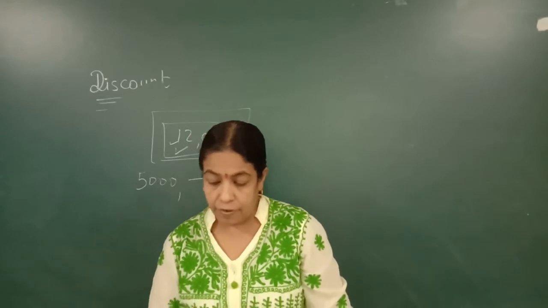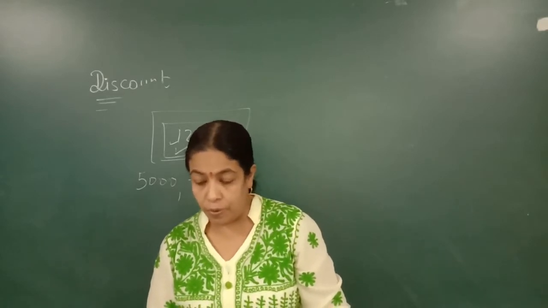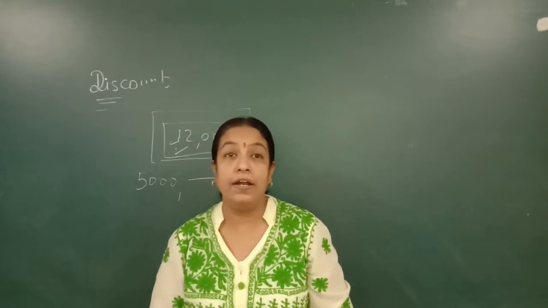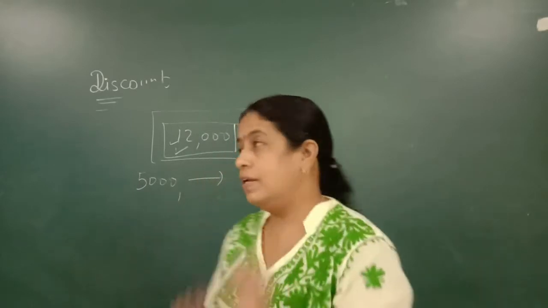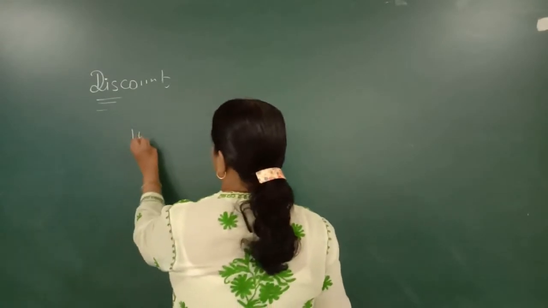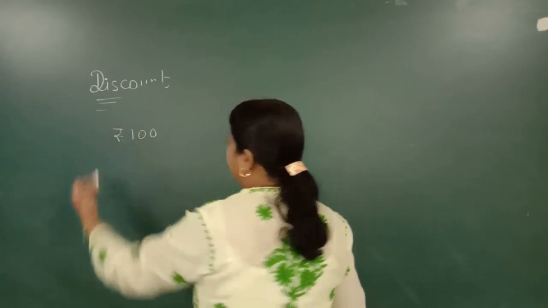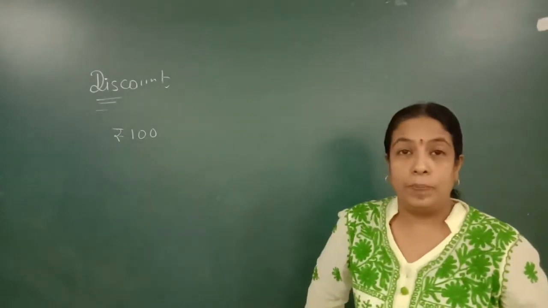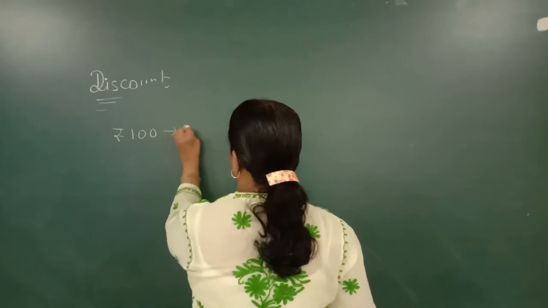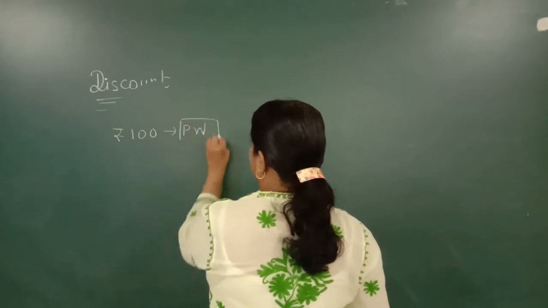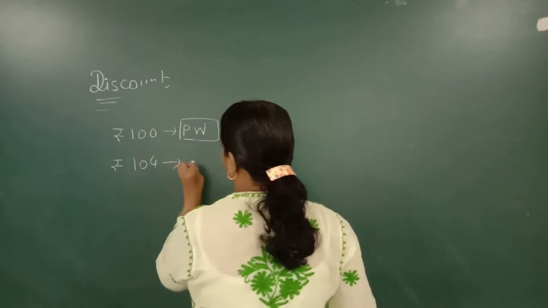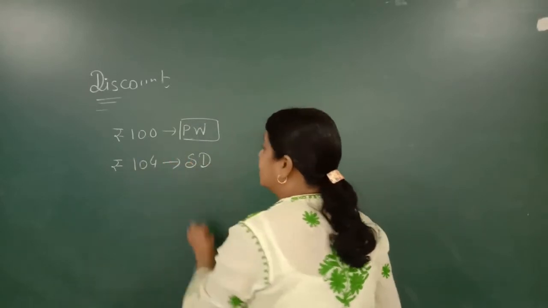Now in other words, 104 due after 4 months is equivalent to ₹100 today. Now see. Suppose today if you pay on the spot, you have to pay ₹100. Means this is present worth, today's worth. But if you pay it after 4 months, this one will be the sum due.